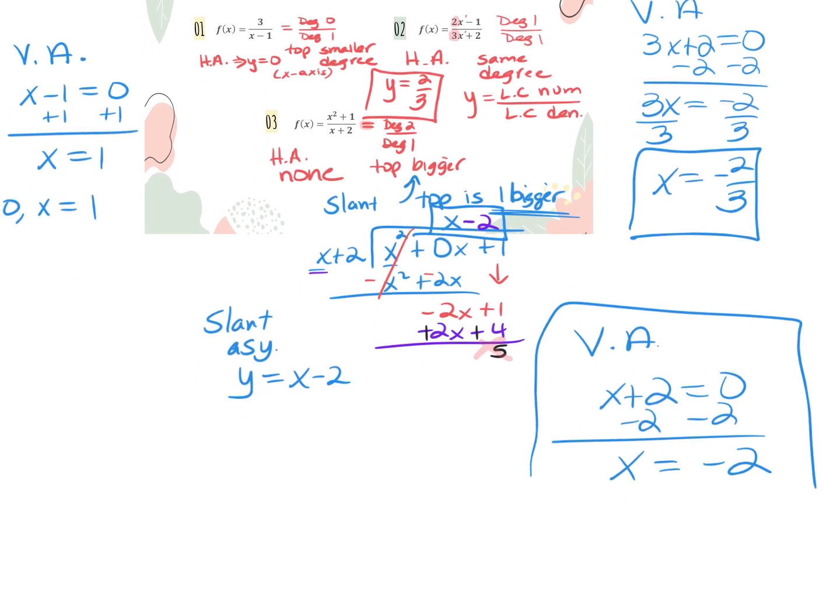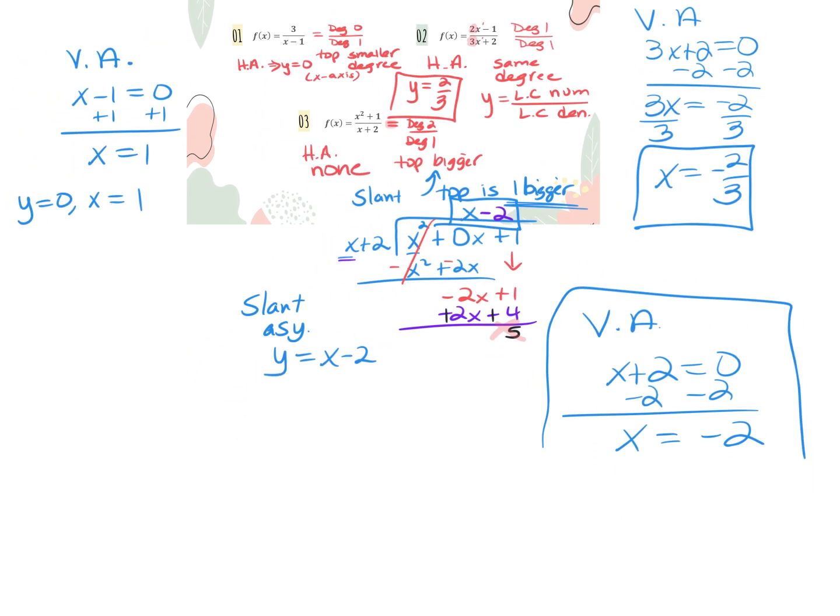So you would enter, only 2 answers because the horizontal is none. So you would just put y equals x minus 2, comma, x equals negative 2. So if it's none, you don't write the word none.